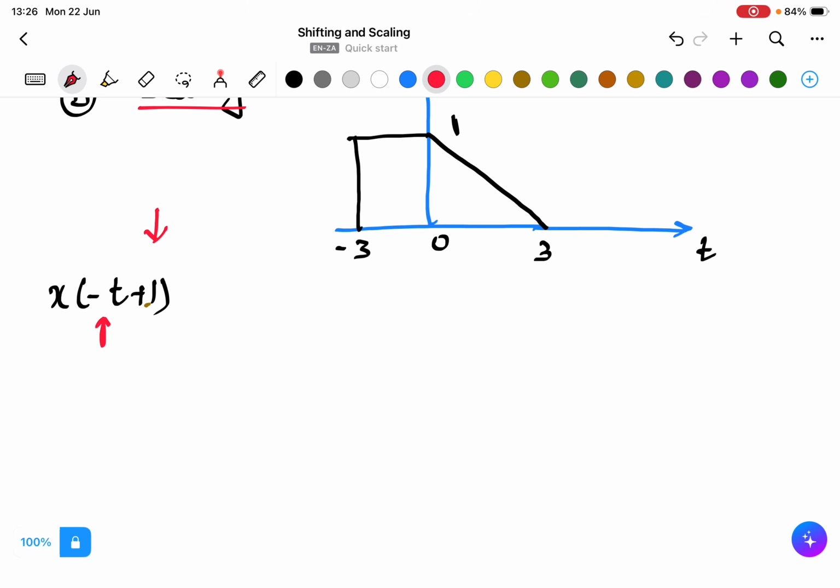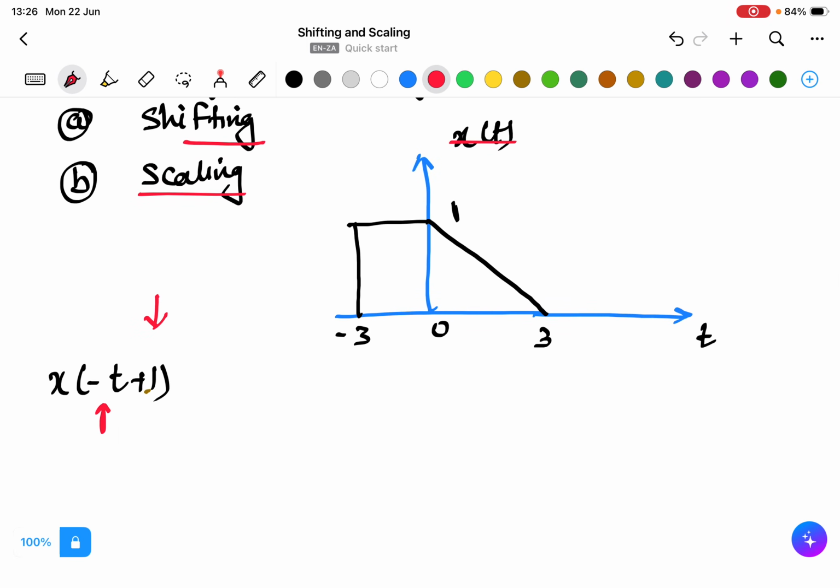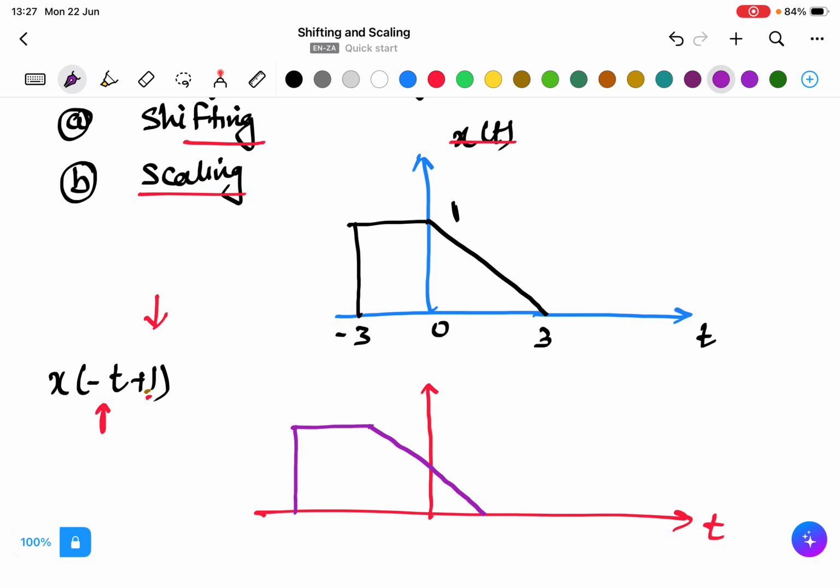So what we will do again, we will do the same thing. We will shift the signal by the same value. So it will be shifting on this side, -4 to this, and the amplitude is equal to 1.